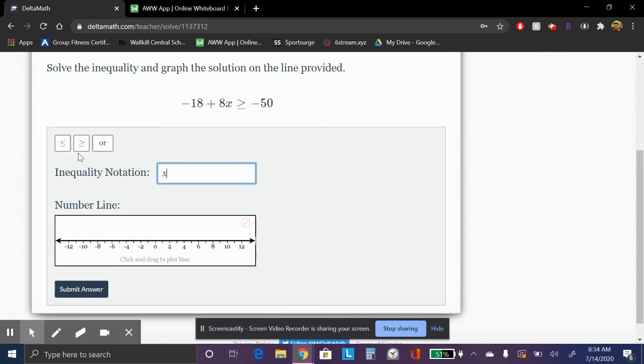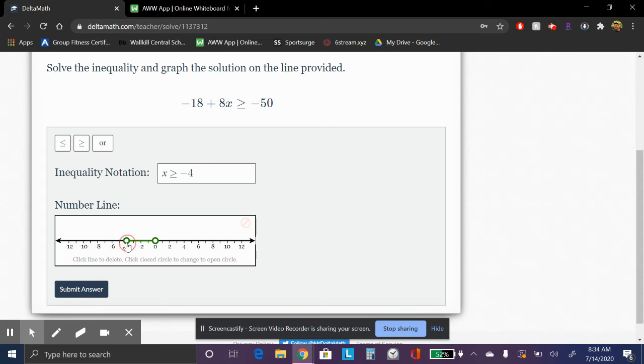So now for this one, I have to use the button here: x greater than or equal to negative 4. And at negative 4, I'm going to have a filled in circle. What direction am I going? It's pointing to the letter, so letter left, number right. So I'm going to click on it and go to the right. Oops, can I delete this?